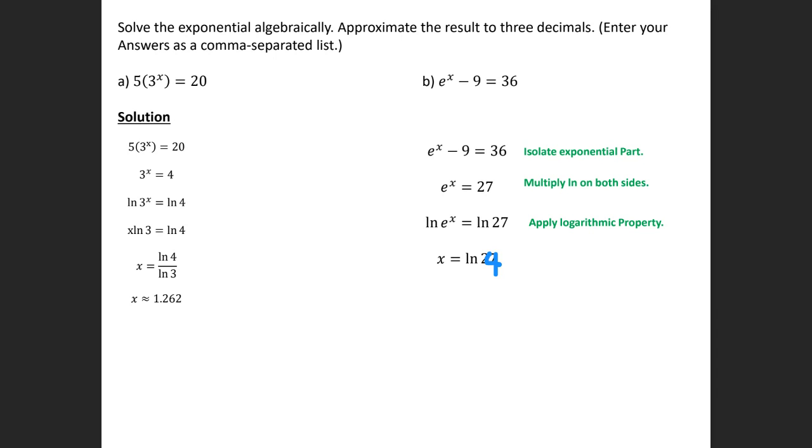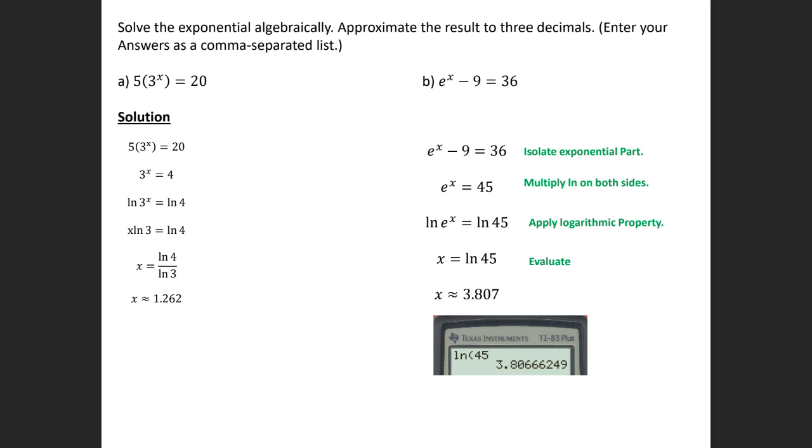This should be 45, and this came from isolating e to the x. I have to add 9 on both sides, so 36 plus 9 gives me the 45.